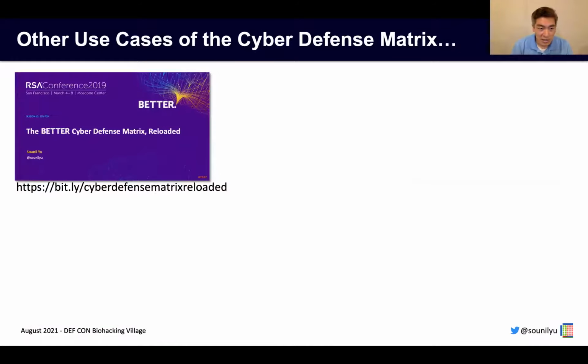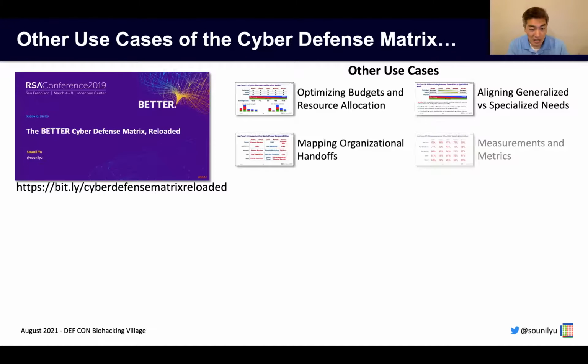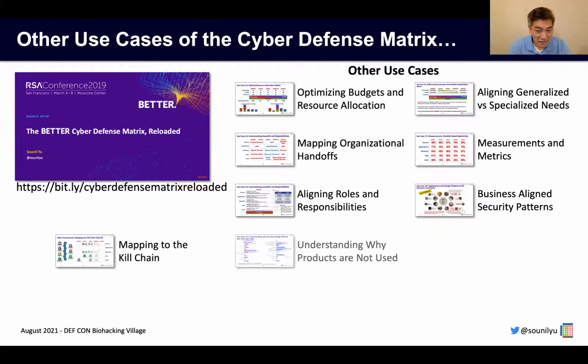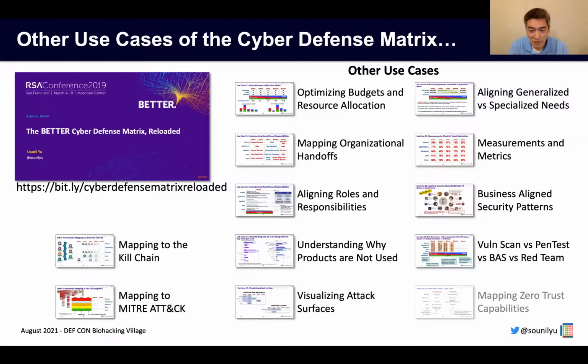And in 2019, I gave an update to that as well with a ton of other use cases. At this point in time, I have roughly 50-some use cases, which would take me too long to go through in this session. But nonetheless, it's a very interesting framework that we can use to understand our space better and to find ways that we can improve the security posture of our environment.